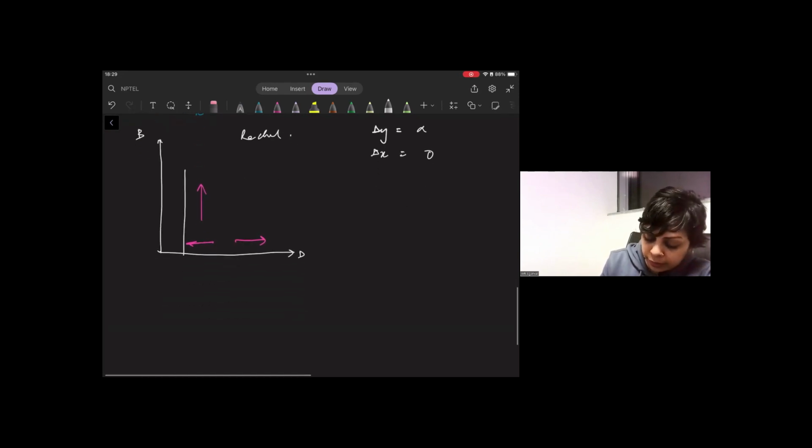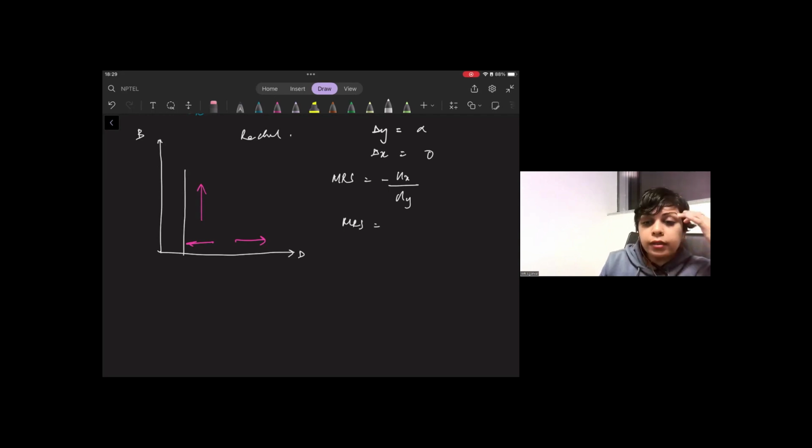So even if you forget delta y and delta x, this part is a bit confusing, I think. So let's look at it in this way. Is there any change in utility with change in x? No. So this is 0. And is there any change in utility with change in y? Yes, there is some change, or not alpha, let's say something. Say some change. This part, I think, is becoming a bit confusing because we're not foregoing anything.